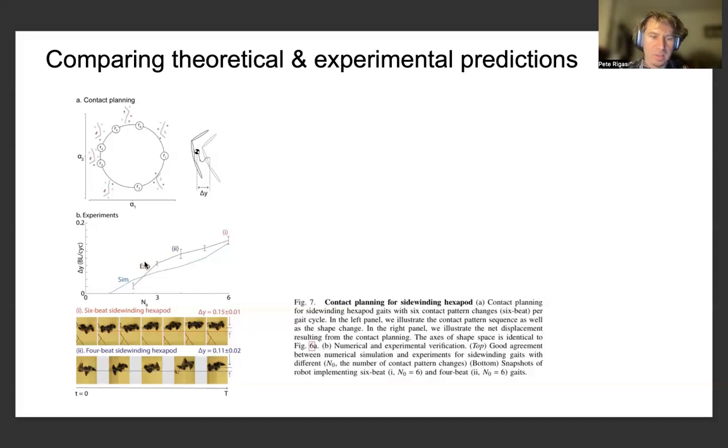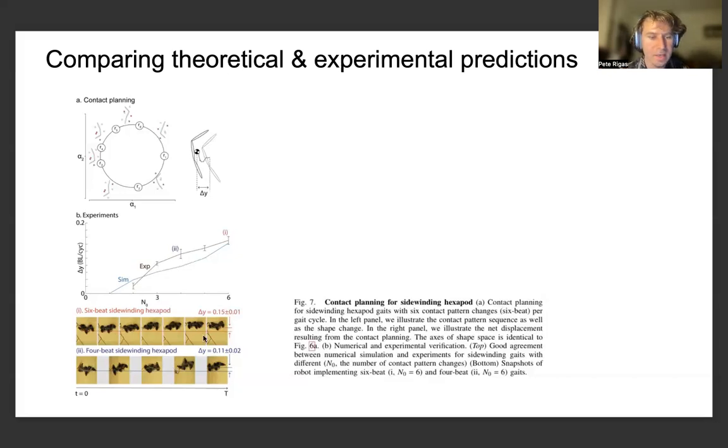And they make a comparison between the experimental and the simulation methods or theoretical predictions, in which the experimental predictions are generated by the plot given in red, and the simulation or theoretical predictions are given by the plot given in blue.